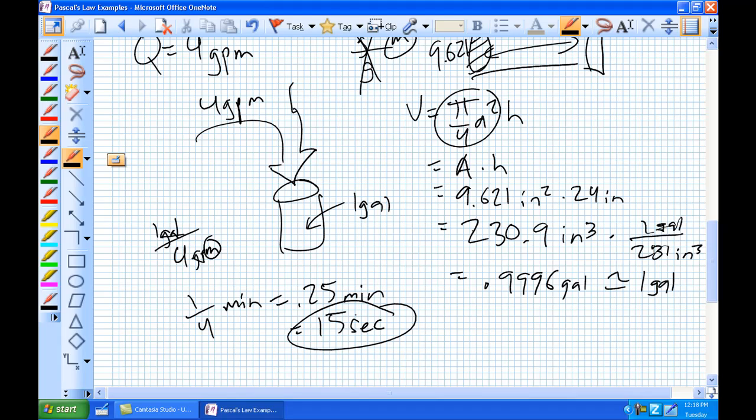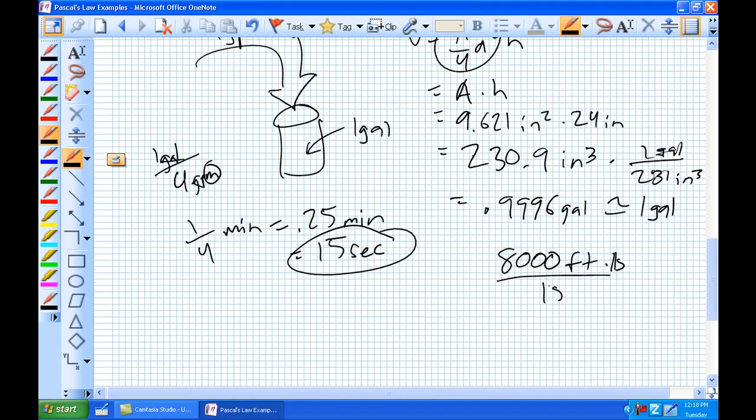So now we can figure out what the power requirement of that was. If we did 8,000 foot-pounds of work in 15 seconds, what is the power exerted on an extension? Well, 533 foot-pounds per second.